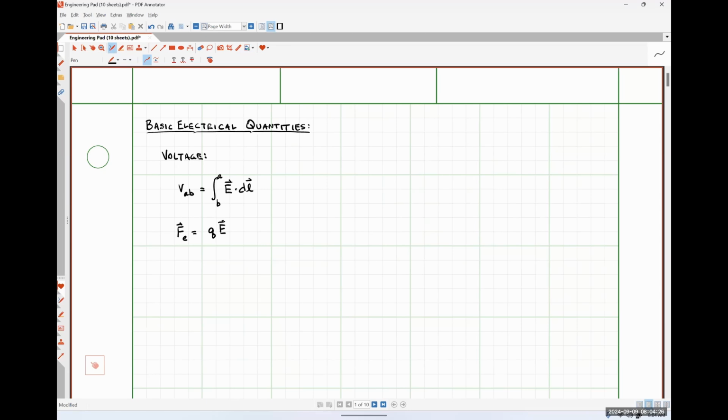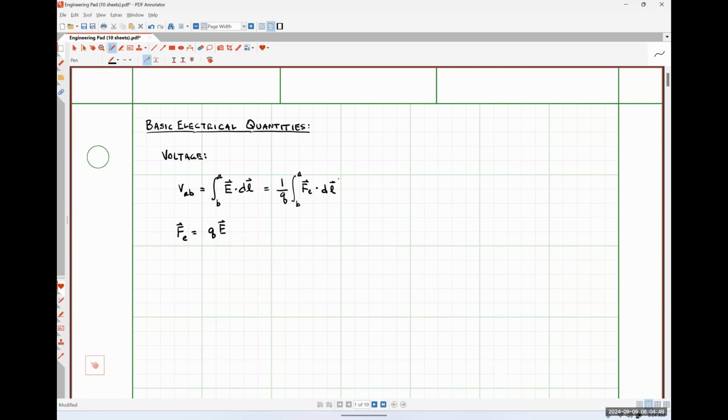So if we substitute this electrostatic force relationship into our voltage equation, we're going to have to do a little bit of algebra. What we're going to wind up getting is 1 over Q times the integral from B to A of our electrostatic force dotted into our differential line element dl.